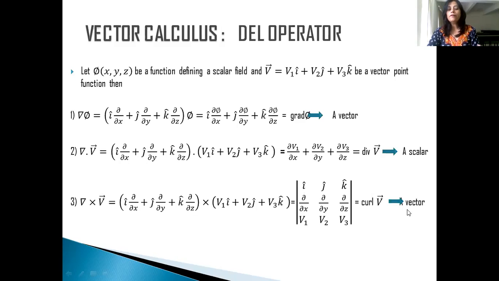So what we have understood is that nabla can give me three things: gradient, divergence and curl. I got gradient when I just operated nabla on a scalar function. When I did the dot product of nabla with the vector function, I got divergence. When I did the cross product of nabla with the vector point function, I got curl.